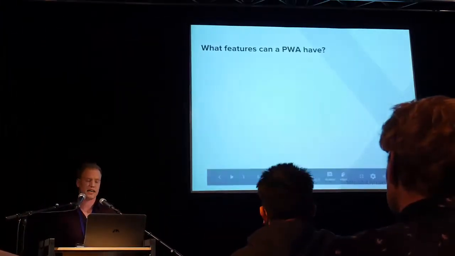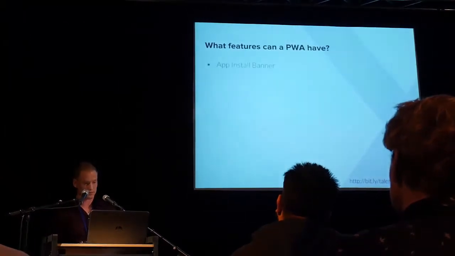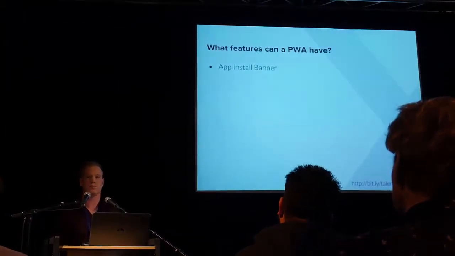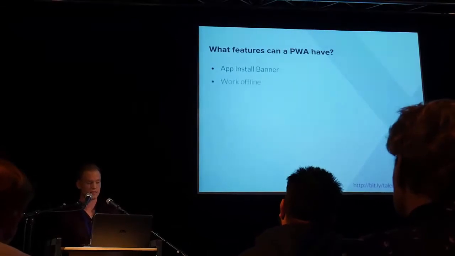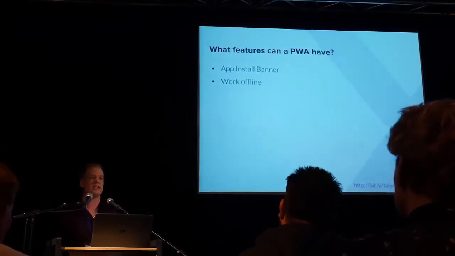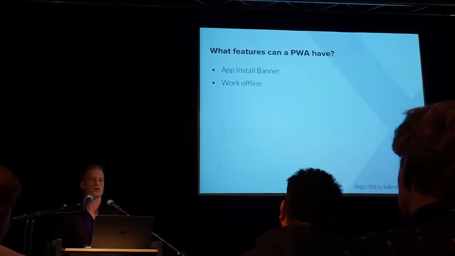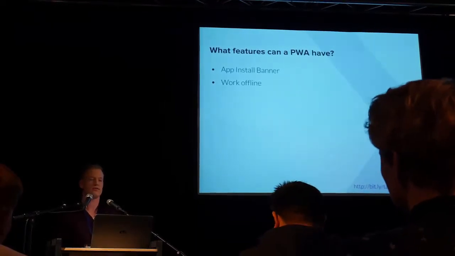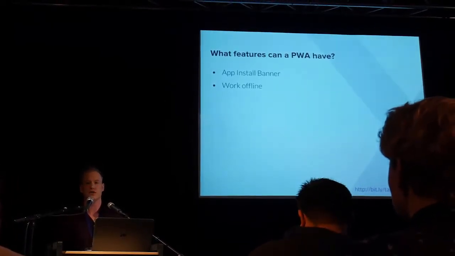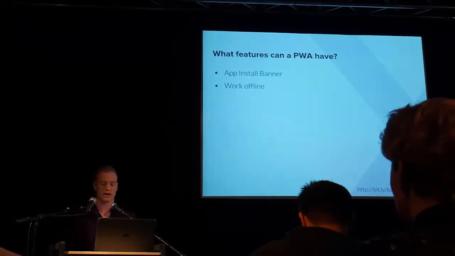So what features can a PWA have? You have the app install banner to make it available on your home screen. To be available on your home screen, it is a requirement to work offline. Because honestly, when it's on your home screen, you have to set a higher standard for your user, so it should also work when you have no internet available.